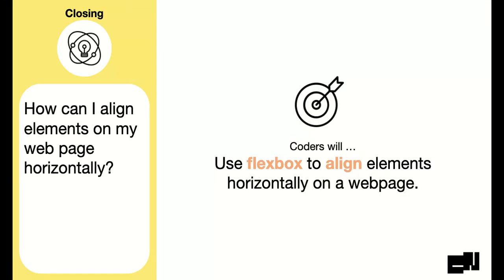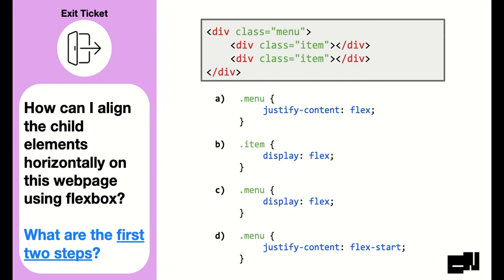The whole purpose of this class is to use Flexbox to actually align elements horizontally on a page, and now you know how to do that. So the exit ticket: how can you align the child elements horizontally on this web page using Flexbox? Remember the 3 key steps. If you forgot those, just refer back to the slides and submit your answer into Google Classrooms.